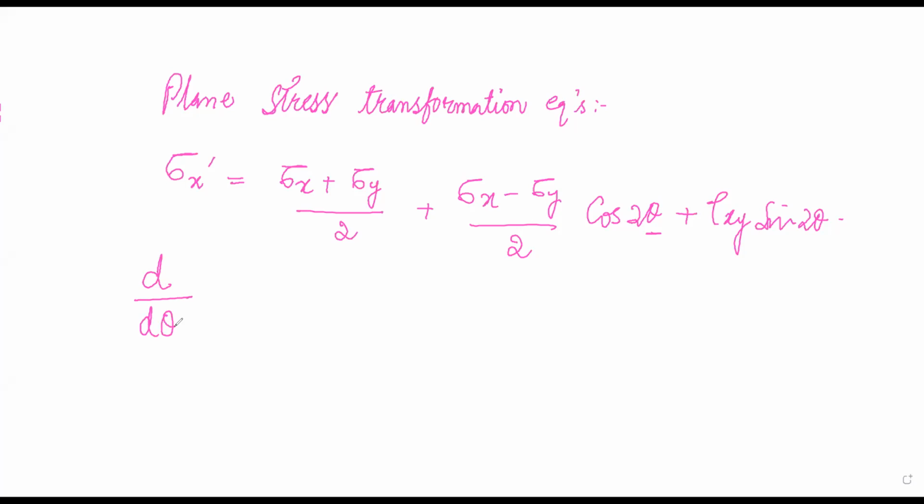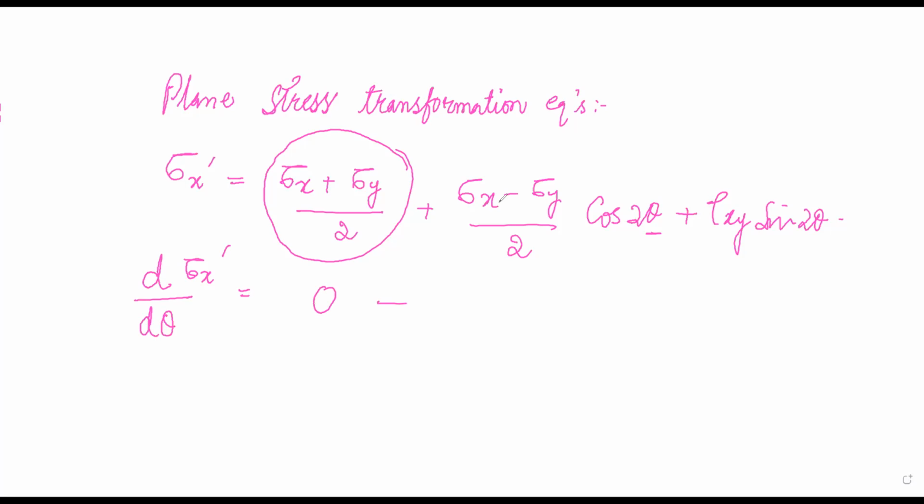When y was a function of x, I was writing dy by dx. Now sigma x prime is a function of theta, so we write d by d theta of sigma x prime and put that equal to 0. Before I put it equal to 0, let me take the derivative. What will be d by d theta of sigma x plus sigma y divided by 2? It is 0 because sigma x and sigma y are not functions of theta, so their derivative will be 0.